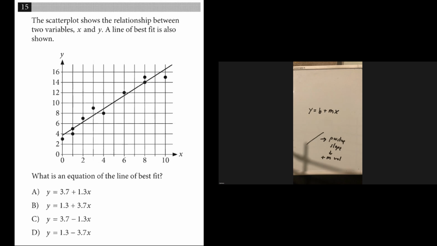Or for this one, it would just be the equation y equals mx plus b. I just swapped the mx and b variables because that's the way they have it in the answers. They just swapped it. And so what is the equation of the line of best fit?